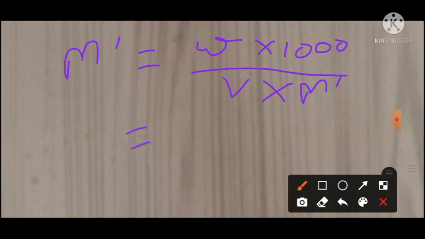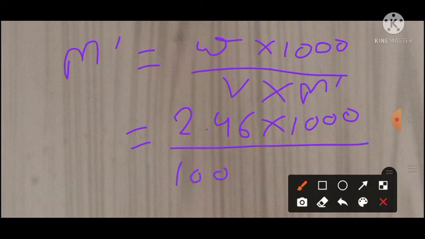Weight of solute equals 2.46 into 1000. Volume of the solution V equals 100. Molar mass of NaOH you can also calculate: Na equals 23 plus oxygen 16 plus H 1, which is 40.